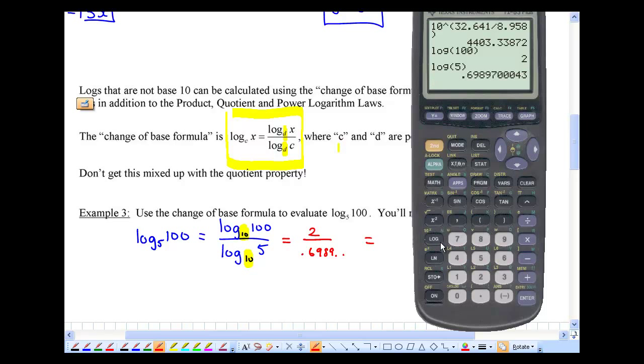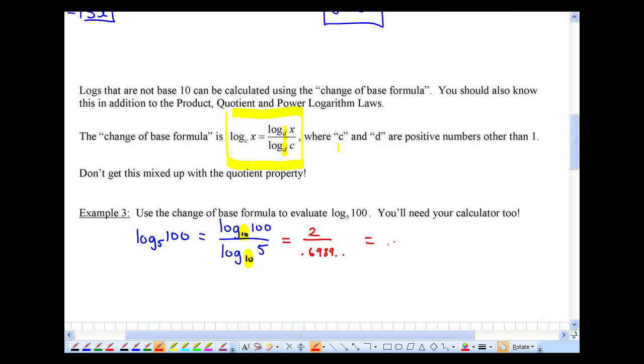So I'll say log 100 divided by log 5, and 2.86. There's your answer. Okay. So now you know how to evaluate logs of any particular base. What you need to do is just use the change of base formula and write them in base 10.